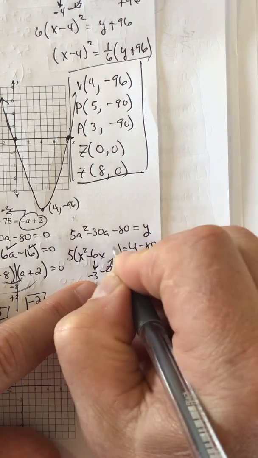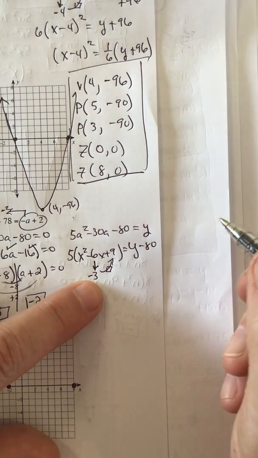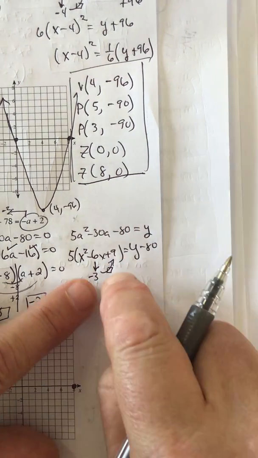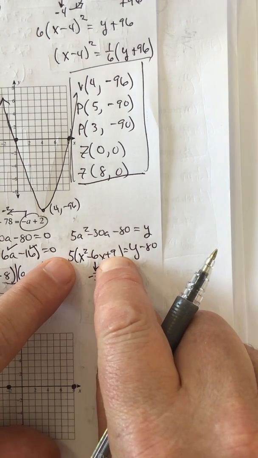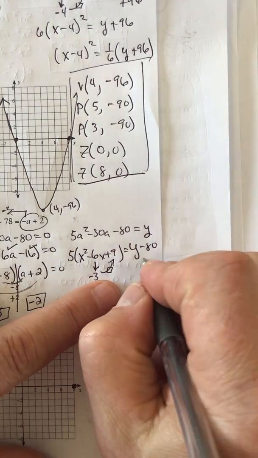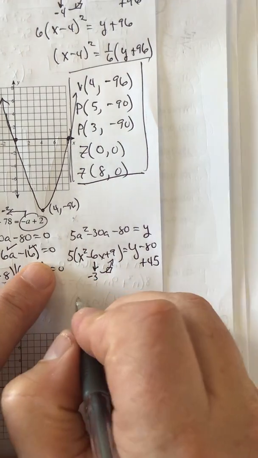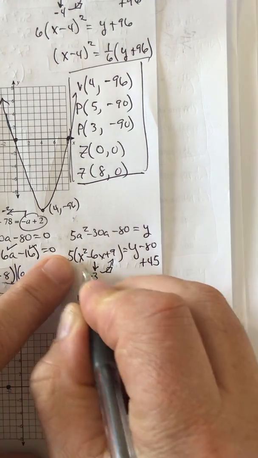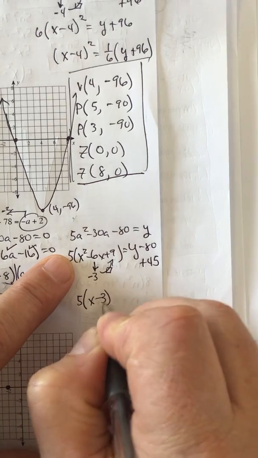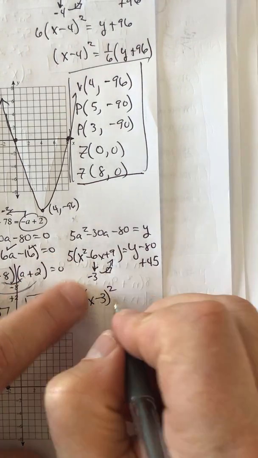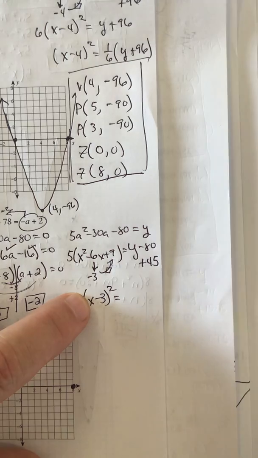So negative 3 squared is plus 9. Okay, it looks like I added 9, but it was times 5, so I really added 45. So I'll add 45 over here. So I've got the 5, the x minus 3 squared, that's the perfect square. Now negative 80 plus 45.